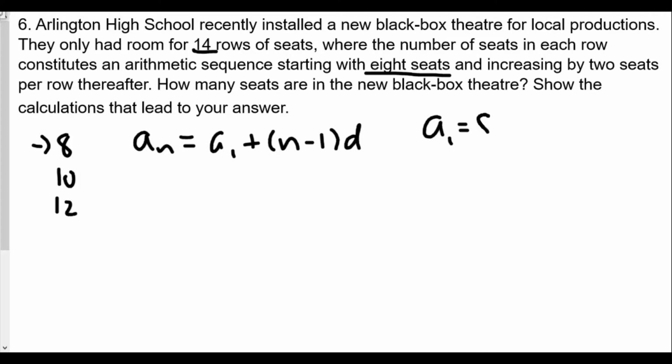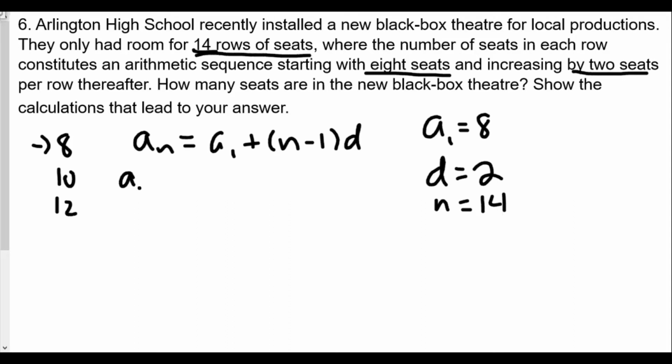Our common difference is going to be 2, increasing by 2 seats per row. And n is equal to 14, because there are 14 rows of seats.